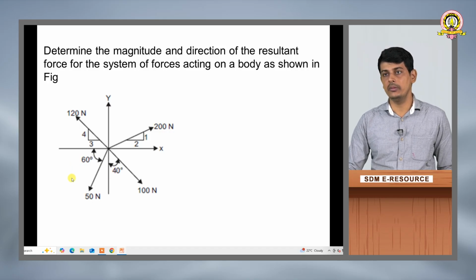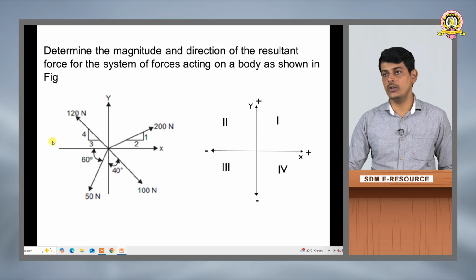In this problem, it is very clear that we have two axes, x and y axes, and four forces: 200 Newton force, 120 Newton force, 50 Newton force and 100 Newton force, and all the forces are acting in different quadrants. Before that, I need to represent the quadrants.